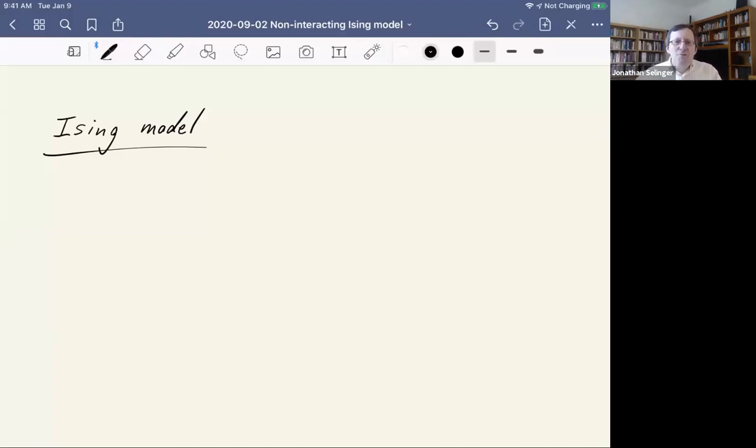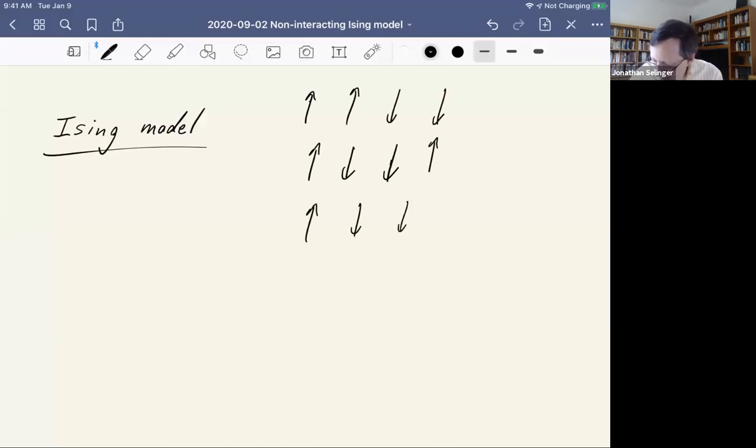Those are the only two possibilities in this simple version. We're going to forget about the possibility of pointing sideways or diagonally or anything else. So we're going to make a lattice like this, and for each site of the lattice, there is going to be some arrow. This arrow represents the local direction of the magnetic moment, and it has just two possibilities, either up or down.